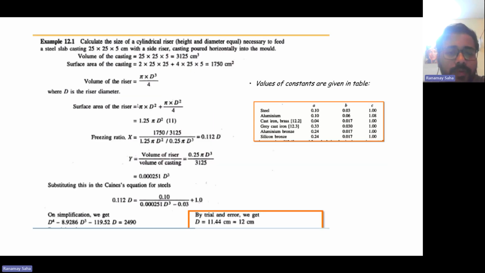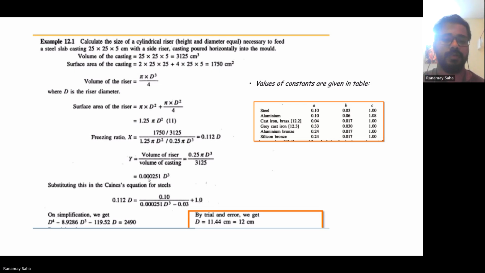Let's plug in the values here. Then d is the value, which is again the dimension you need to find out. Then you have the ratio of riser volume to casting volume, where the riser volume is 0.25 pi d cubed. Then you substitute into the formula for the ratio y.